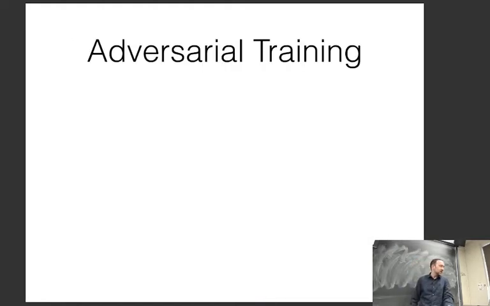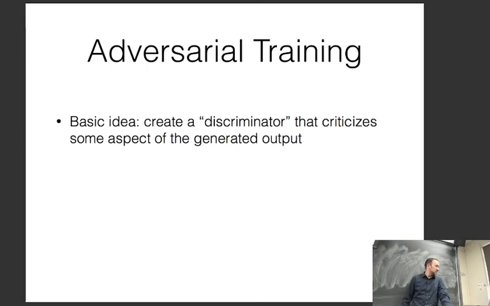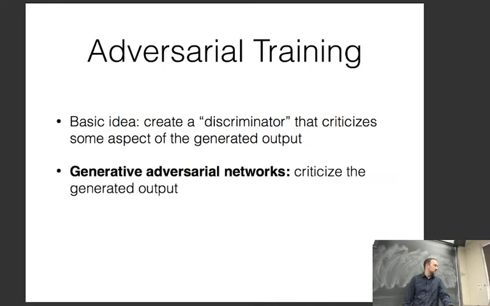So the idea behind adversarial training basically is to create a discriminator that criticizes some aspect of the generated output. There's probably other ways you can use this, but the way people tend to use it is in two different paradigms. One is generative adversarial networks.